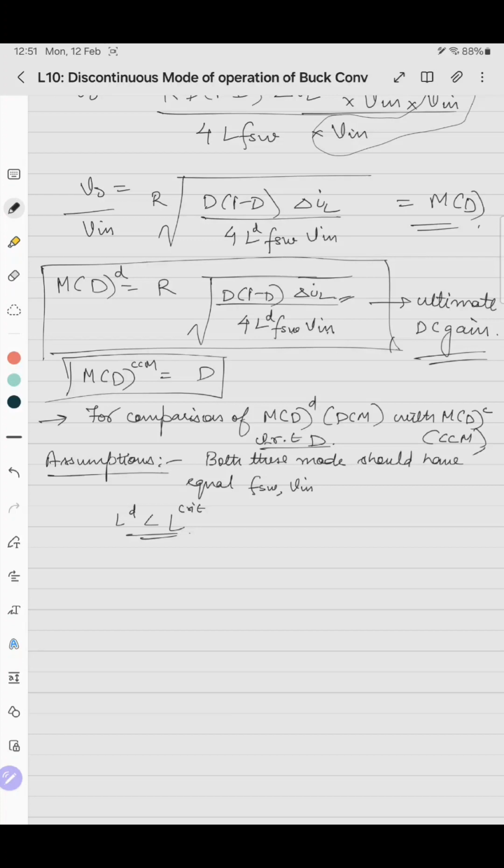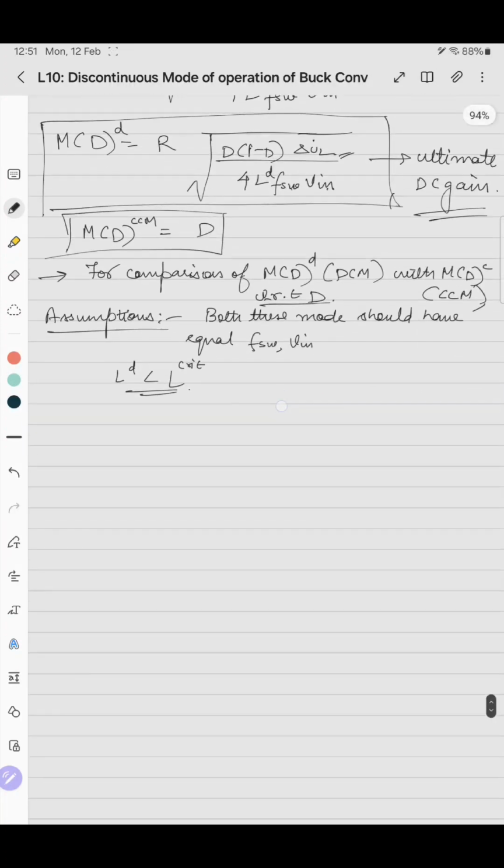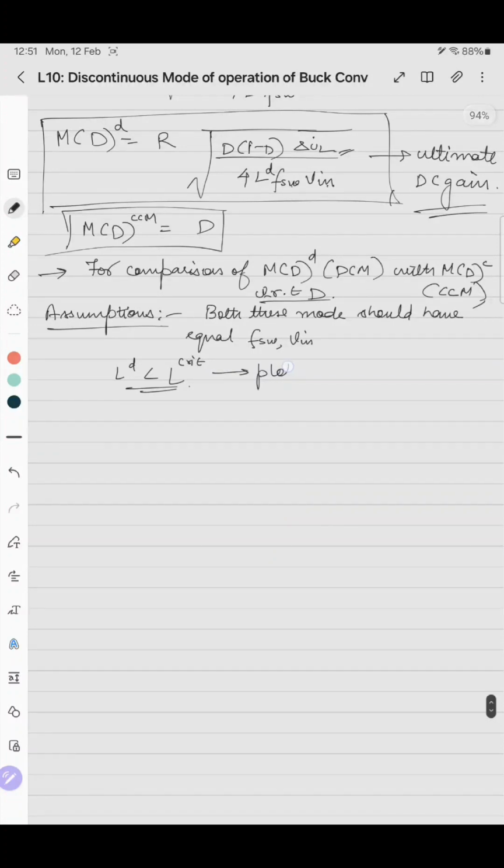We have to plot this versus duty ratio for different values of inductances, and for all values of inductances, M of D for continuous conduction mode will be constant, which is D only. So we plot this for various D and for different LD.